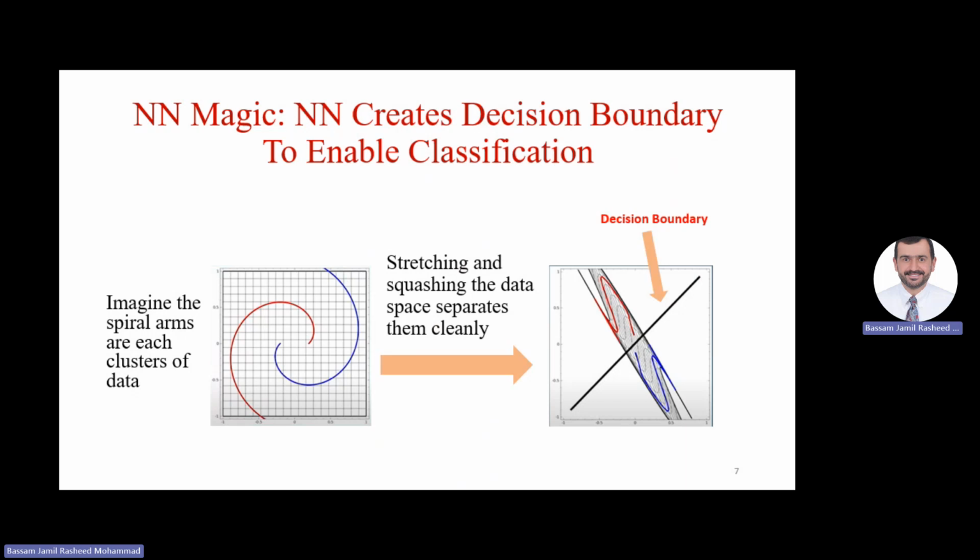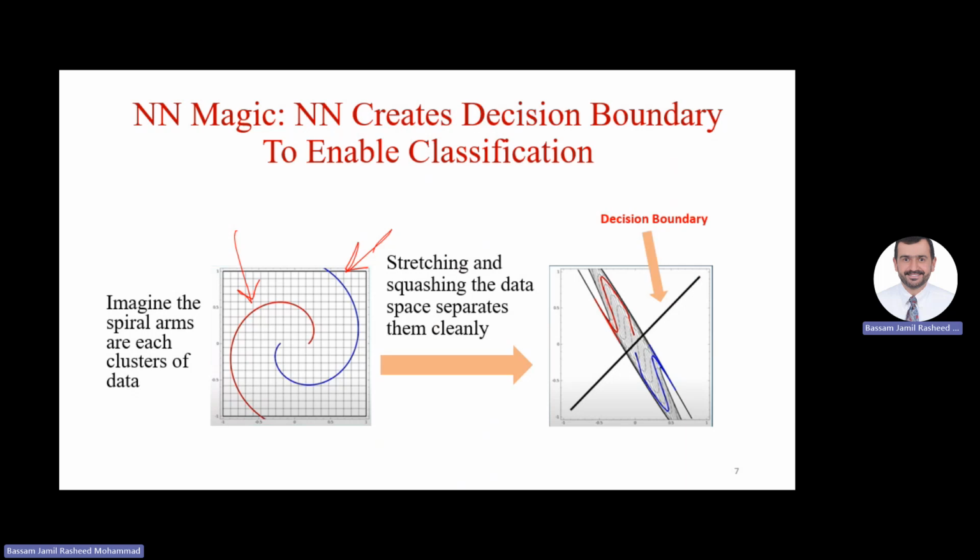The magic of a neural network is that it stretches the space. So, for example, let's say I have points on the red line, and I have points on the blue line, right? I have data points. What am I interested in?